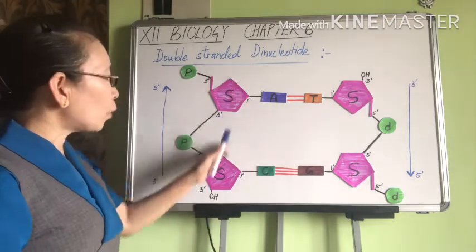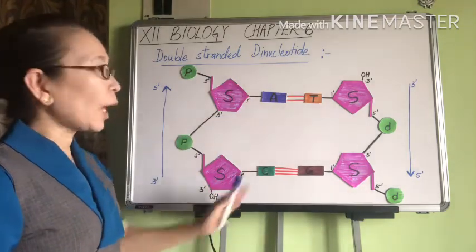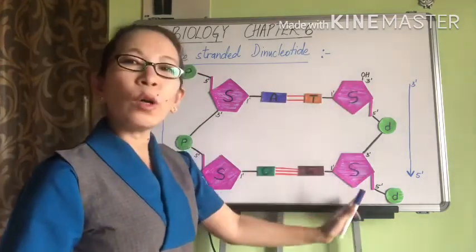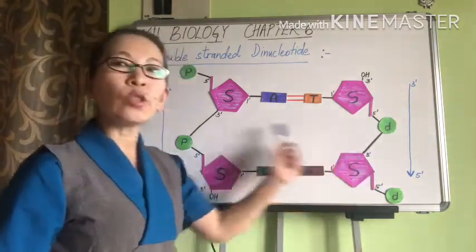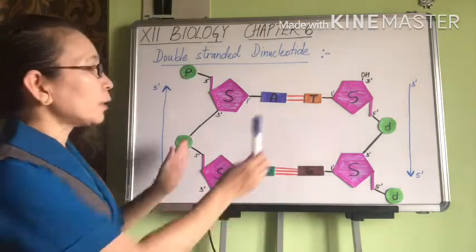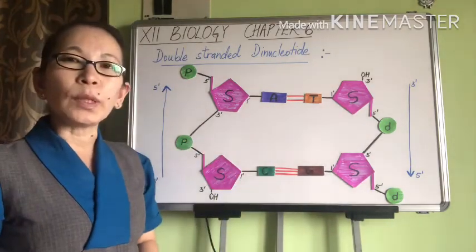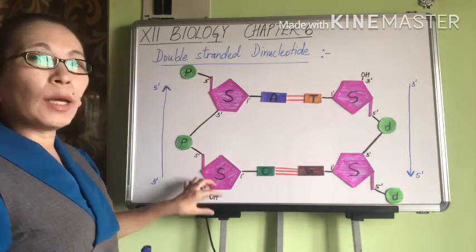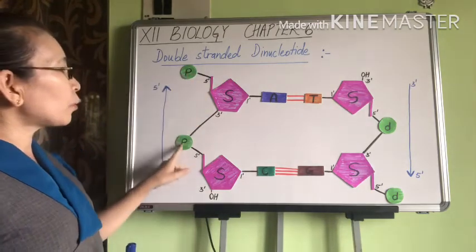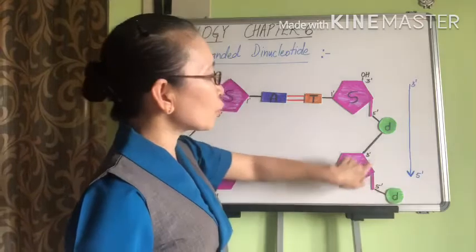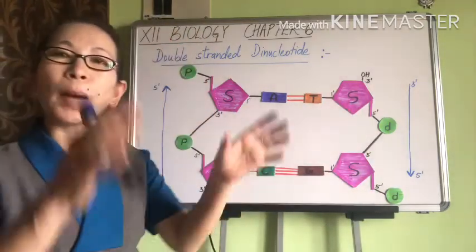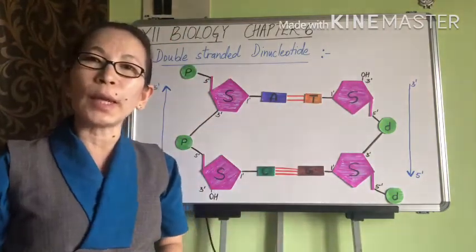So this is one polynucleotide chain, and here is the opposite or complementary polynucleotide chain. So DNA is double-stranded. And in a DNA structure, what we learned was that the backbone of the DNA is a phosphate-sugar chain. So you can see the phosphate-sugar chains, which are the backbones of the 2 strands of the DNA.